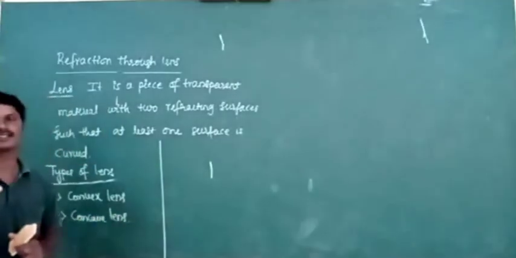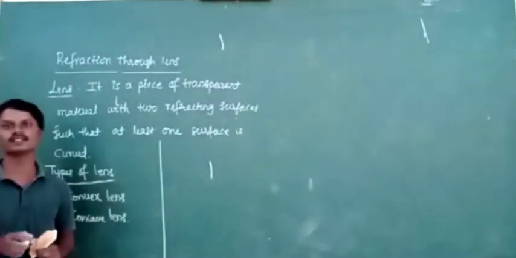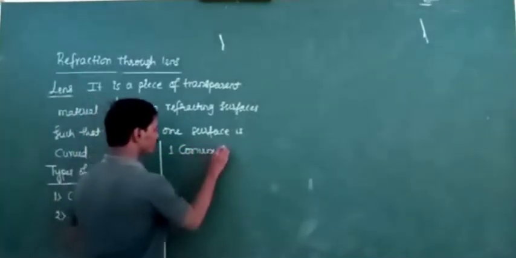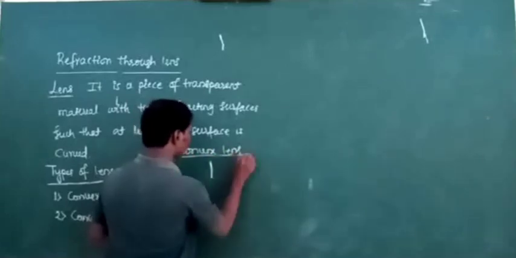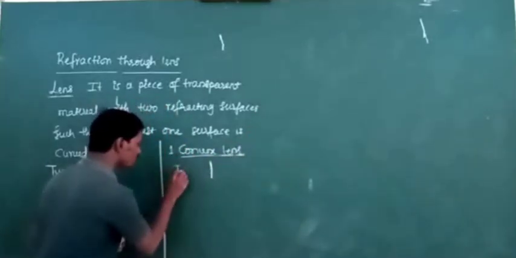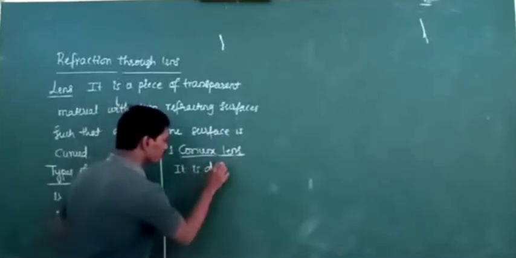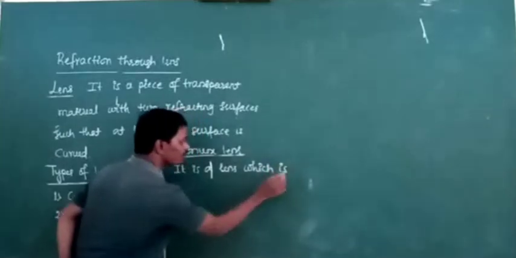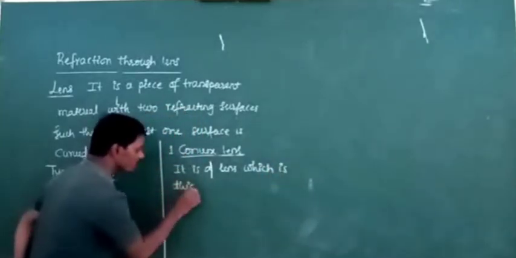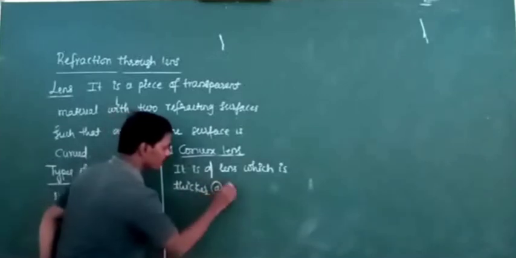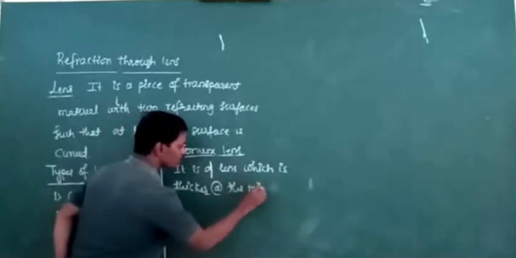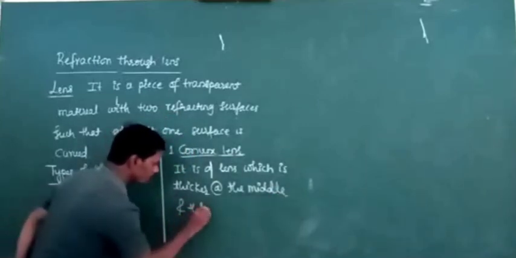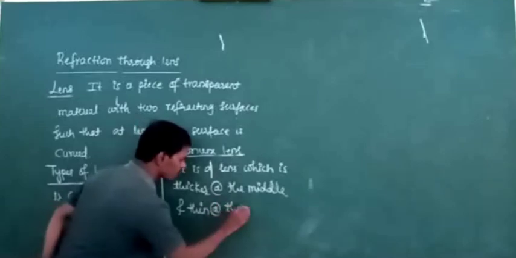Convex lens is a lens which is thick at the middle and thin at the edges. First one, convex lens. What is convex lens here? It is a lens which is thicker at the middle and thin at the edges or corners.